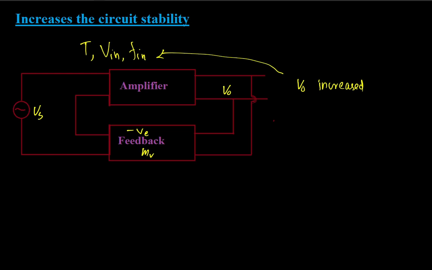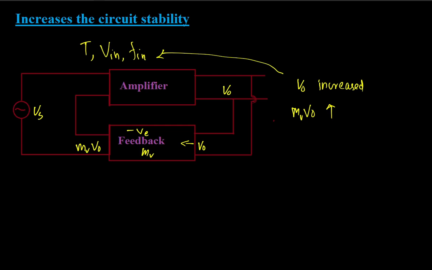then we know that the voltage which is given to the input of the amplifier by the feedback circuit is MV times the output voltage V0. So this MV into V0 will also be increased.